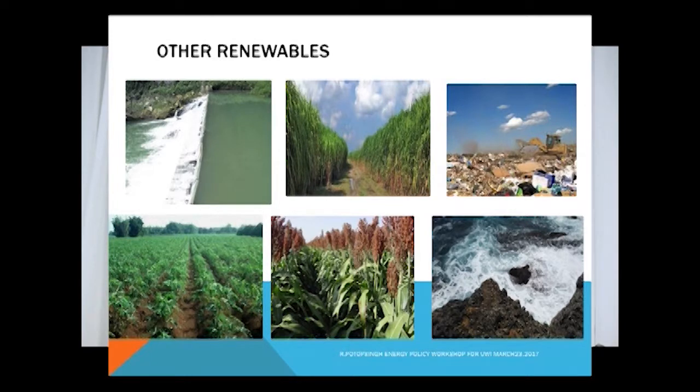Then there is biomass, which is really untapped, and the sugar cane industry. Professor Clayton spoke earlier this morning about third generation ethanol and for our transportation fuels and so on. There's waste to energy, there's ocean thermal, there's ocean technologies.